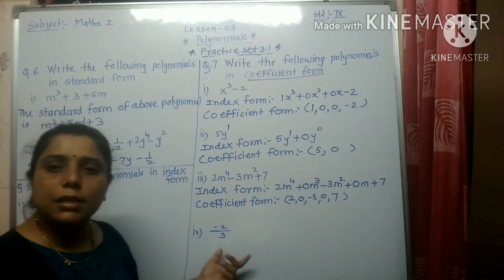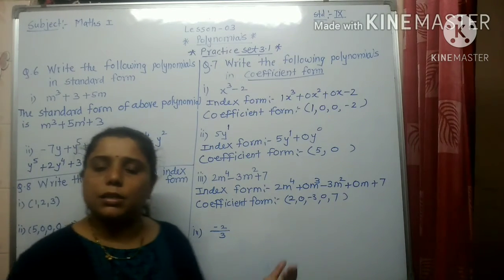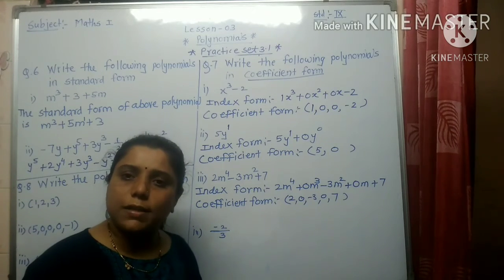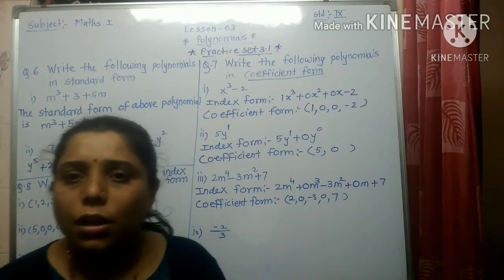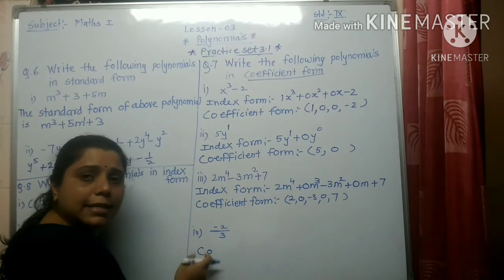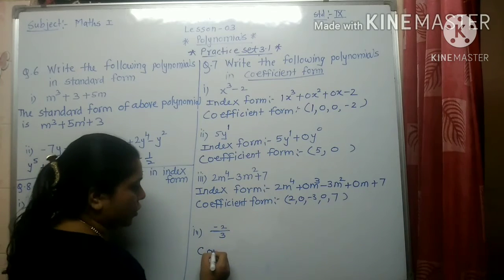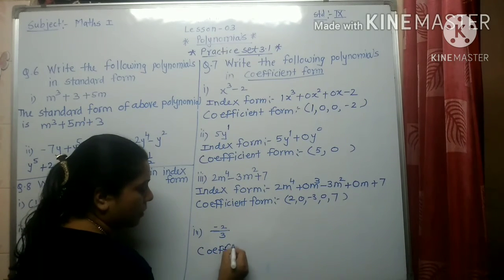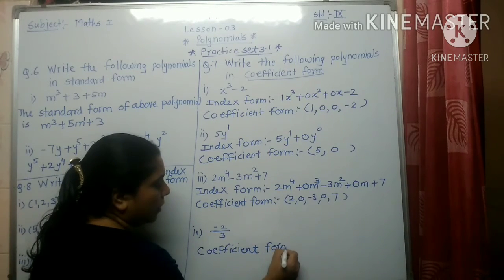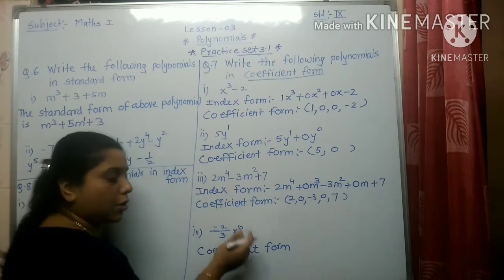Now see here, the constant polynomial is there. So it is no need to write the index form because only one term is there, which is a constant one. So you are getting only one coefficient. Now see here. So here in this case, I am writing directly the coefficient form. Coefficient form will be, now here anything raised to 0 is always 1.